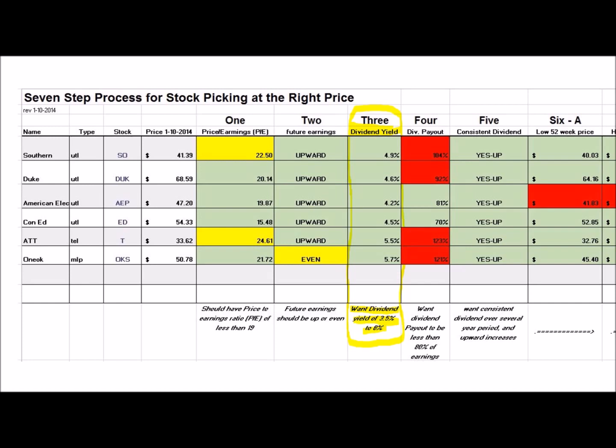If you get something that's over 6 to 8% right now, you need to look at it very closely, because chances are there's a problem with the stock when it's that high. Usually 3.5 to 5.5% is not a problem, and you can live with that, but you need to be careful when you get too low or too high.